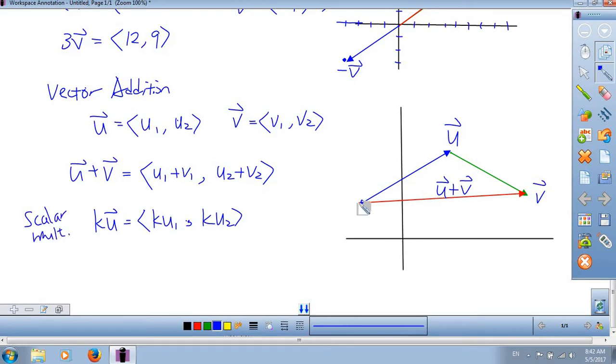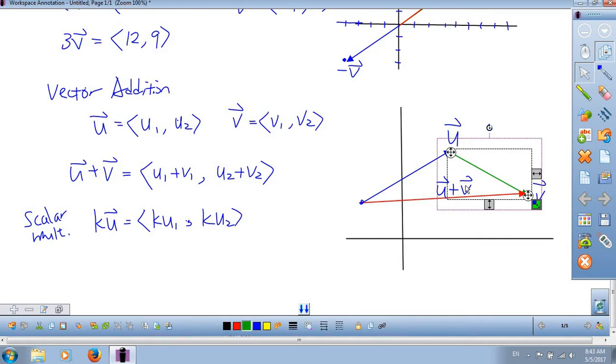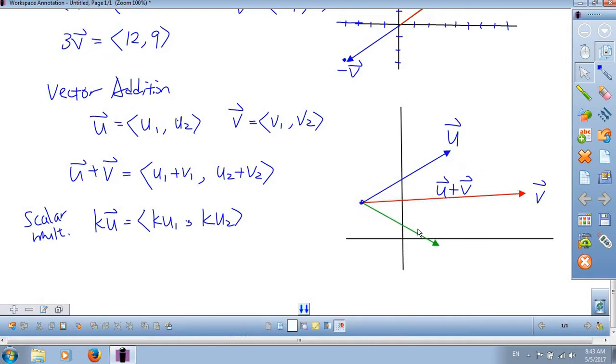Now let me show you why u plus v is the same as v plus u. As you can see, this is u plus v. If I copy this and move it here, I'm going to leave the v here. So this is u plus v.